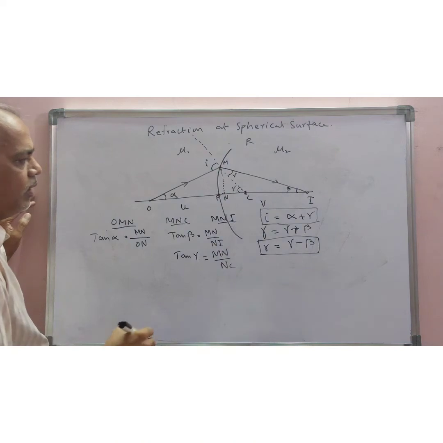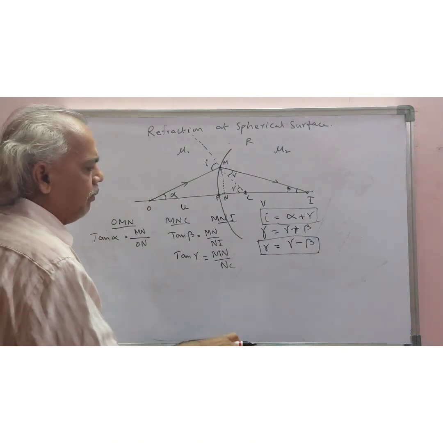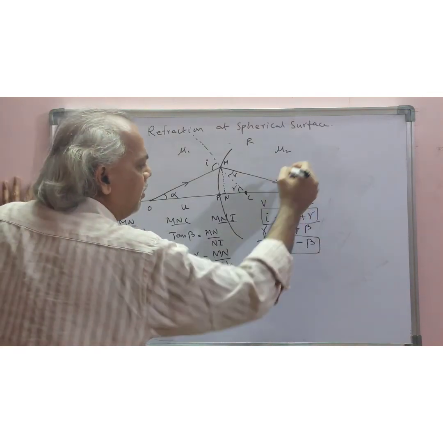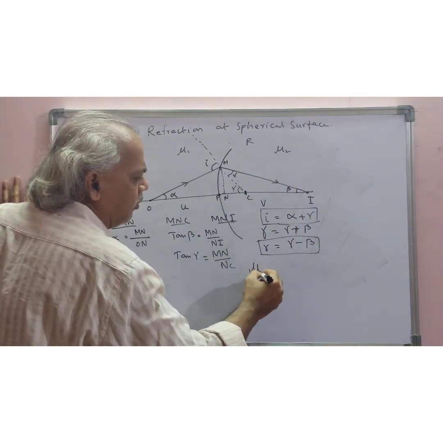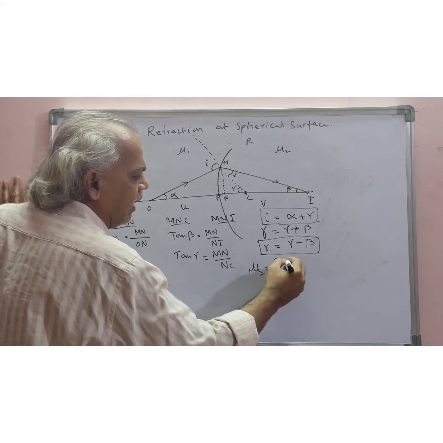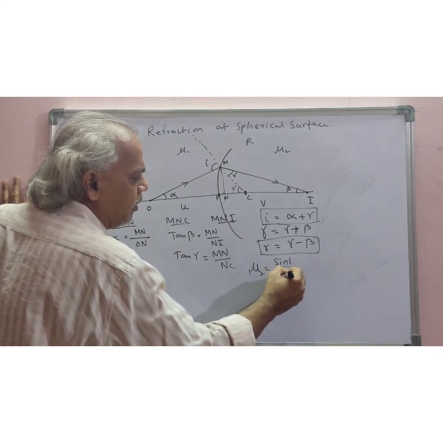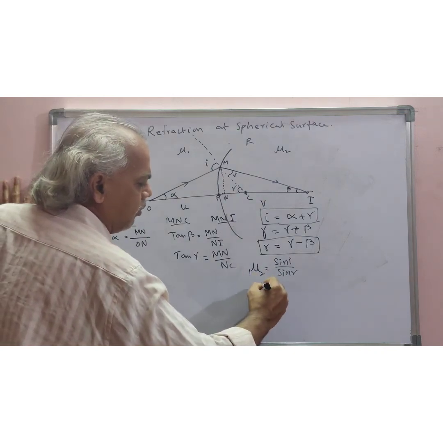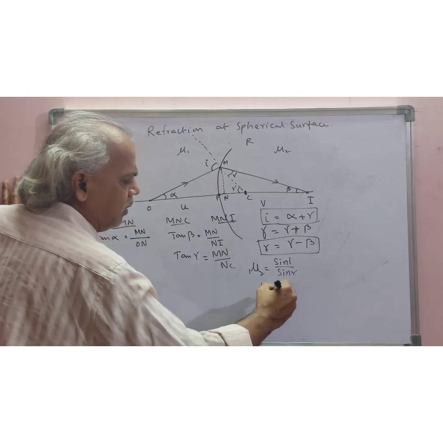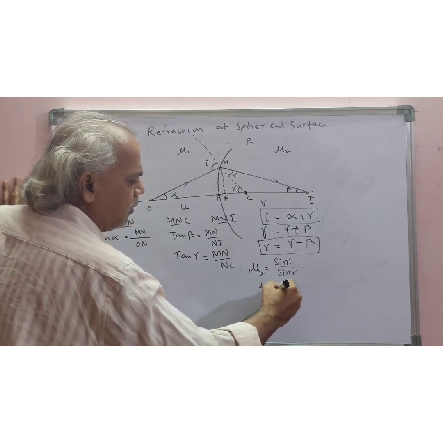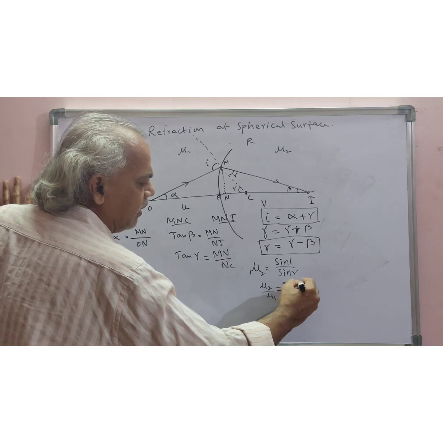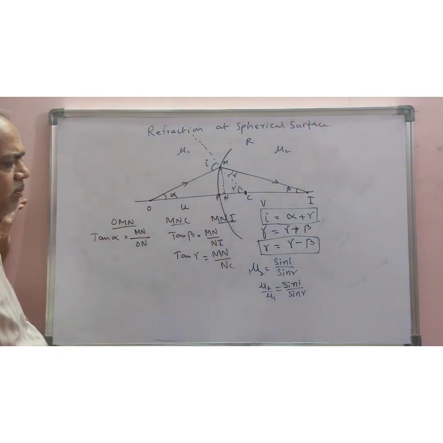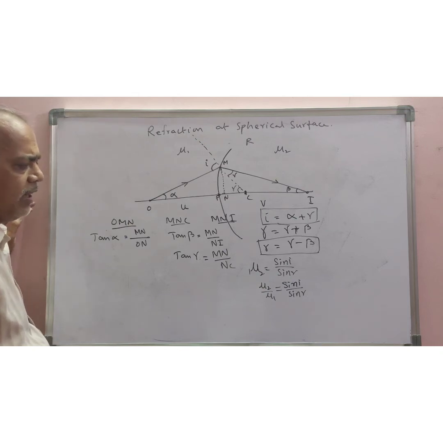You know the refractive index formula, that is Snell's law: 1mu2 is equal to sin I by sin R. 1mu2 means mu2 by mu1, so mu2 by mu1 is equal to sin I by sin R. Here the angles are very small, so we take sin theta as theta.